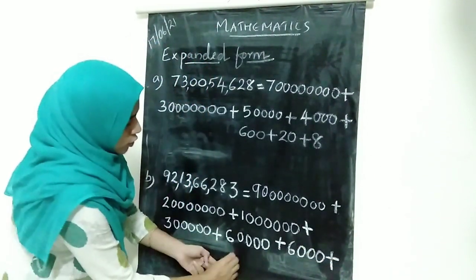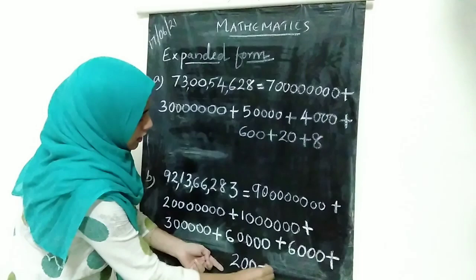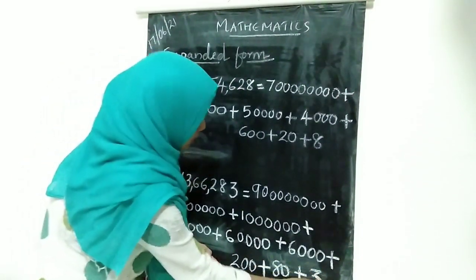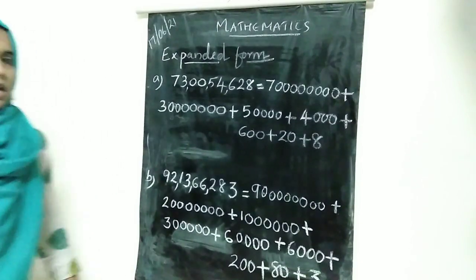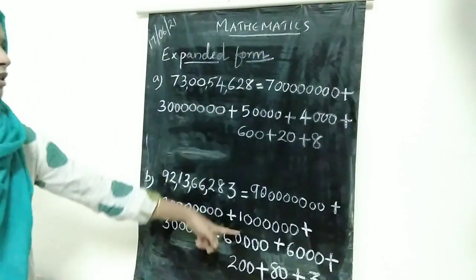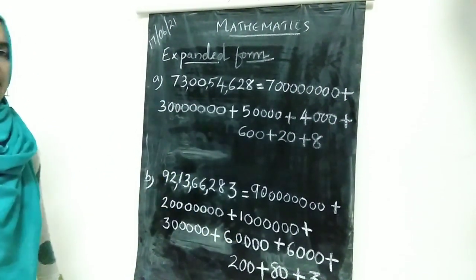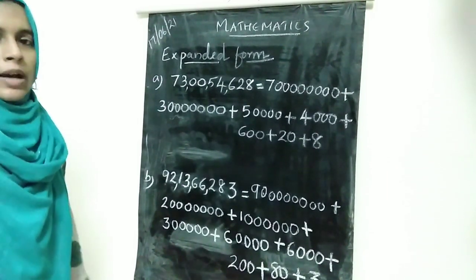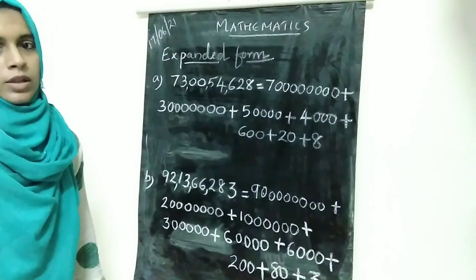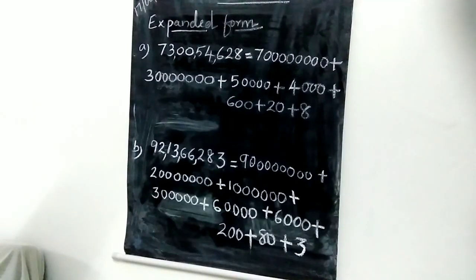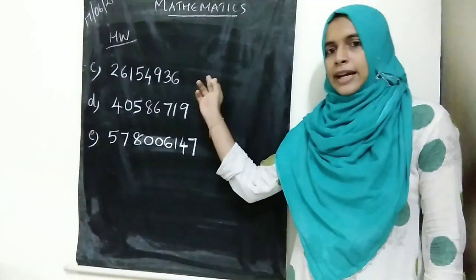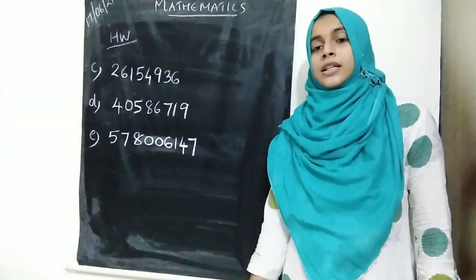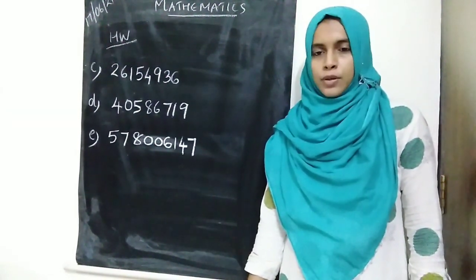Then 281 and then 3. Okay. So you can write these 2 questions as examples. The other 3 questions I will give you as homework. Children, write these 3 questions as homework. Write in expanded form.